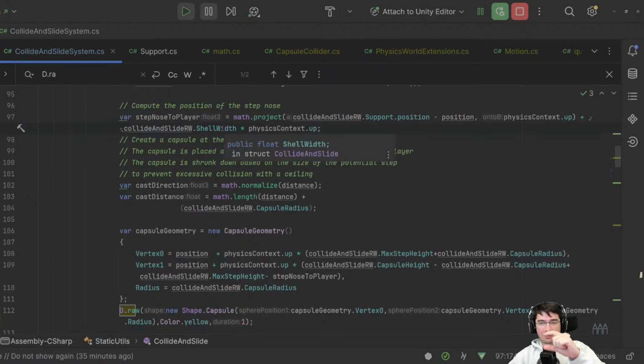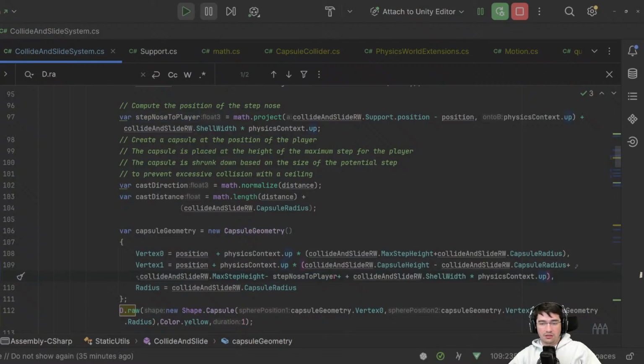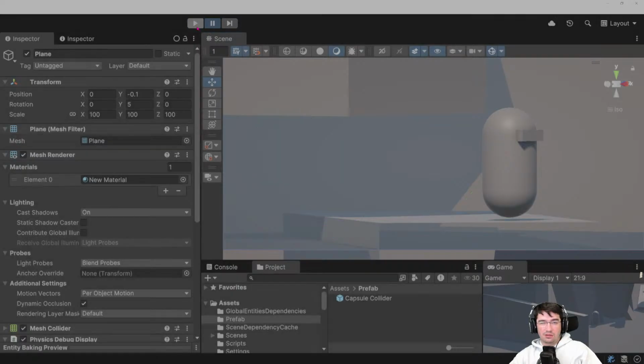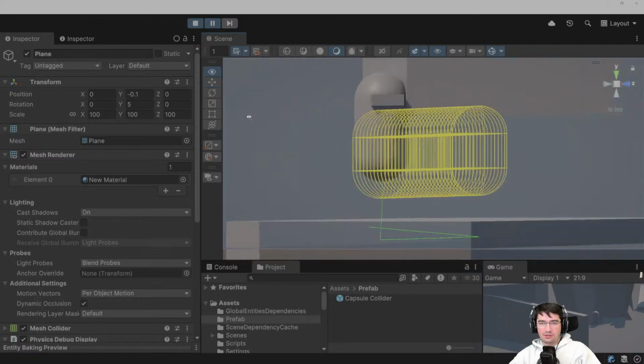So to compute the step height, I need to compute it from the hit position relative to my player position, but my player position is already above the ground by the shell width. So when I compute the height of my character, I should add again the shell width to have the shell width above him, if that makes sense. And it's still colliding.